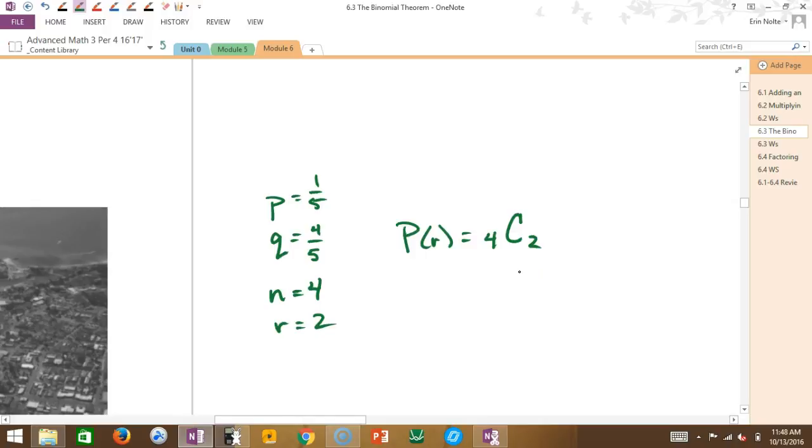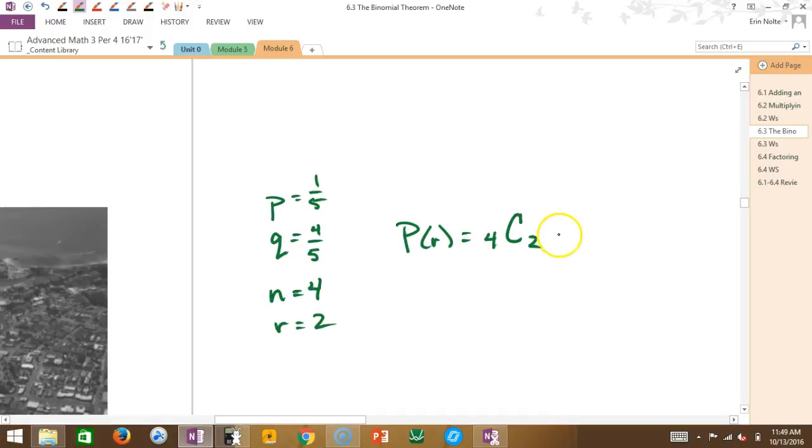Imagine I have 4 cards. How many different ways can I pair them up? How many combinations of 2 can I make? I can go 1, 2, 3, 4, 5, 6. Did you catch it? Do you see what that means?